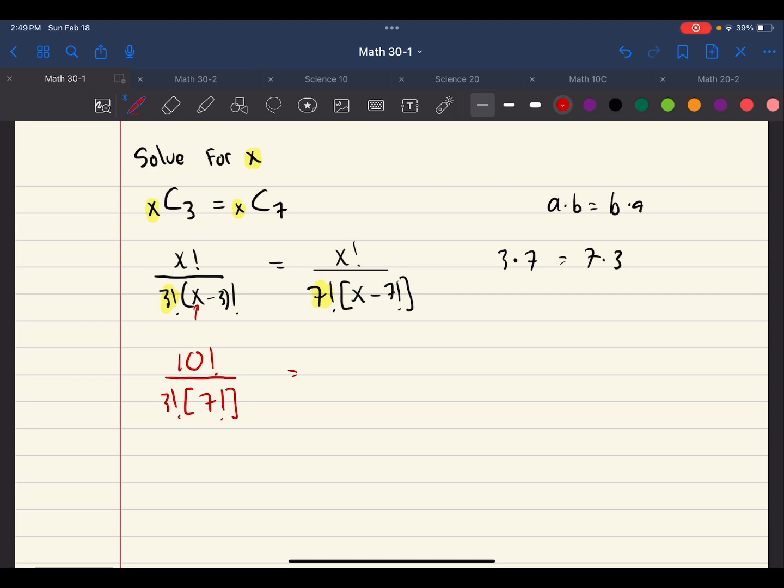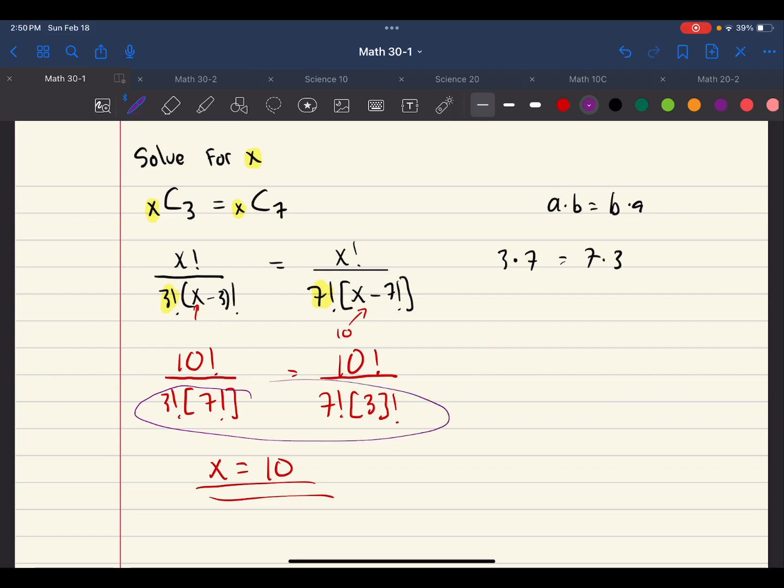And then again, the value of 10 applied to the x on the other side, 10 minus 7 would give me 3, and that would give 7 factorial. And so then I would be able to use that multiplicative property where 3 times 7 is equal to 7 times 3. And so therefore, x is equal to 10, because that's the number I had to plug in in order to get these numbers to be the same.